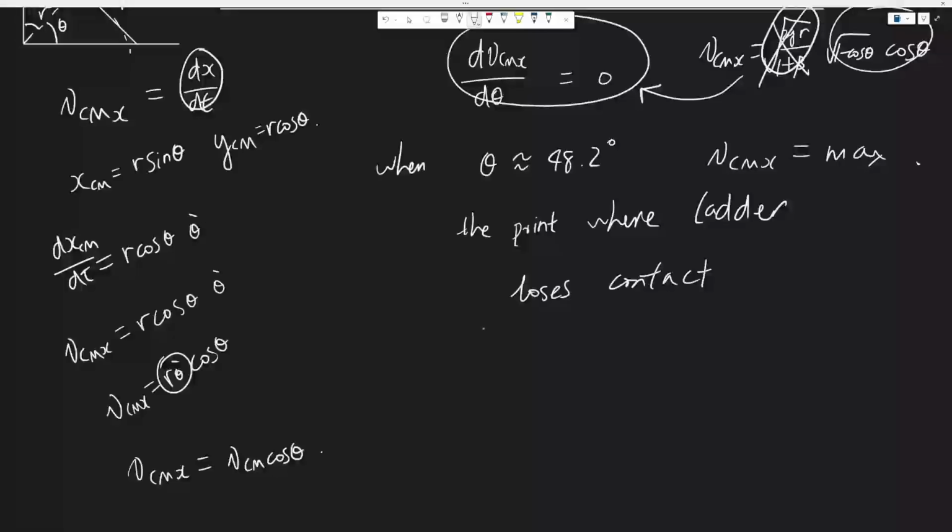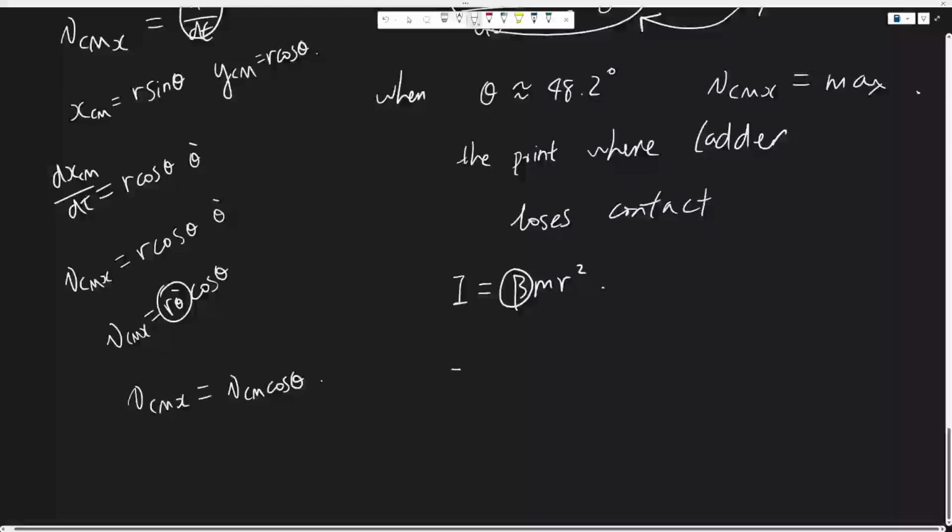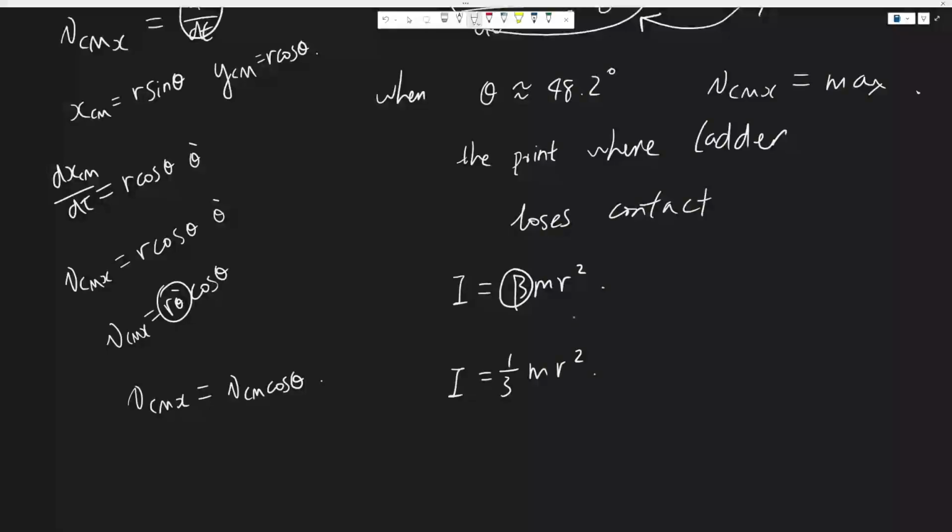And then we find that this is independent of beta. Remember our previous definition of I equals beta m r squared, and so it is independent of this. But just to come back to this problem, we know it's a rod, it's a ladder, and so the moment of inertia should be 1/3 m r squared.